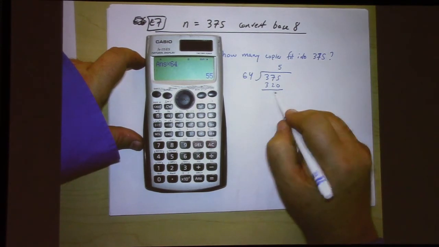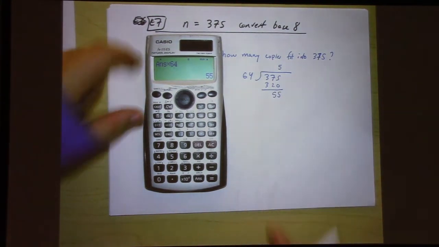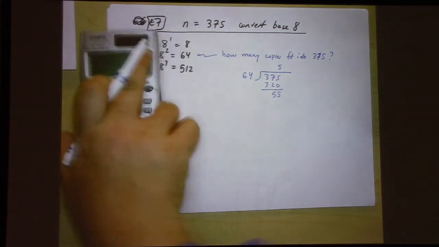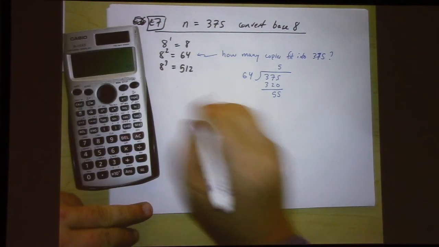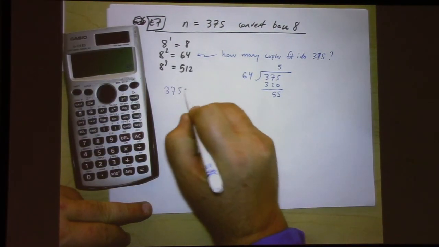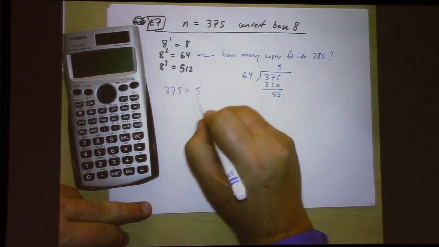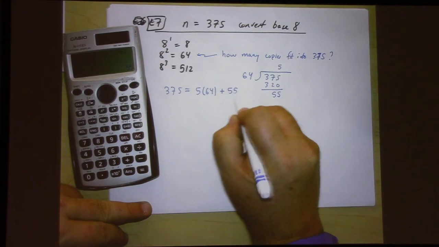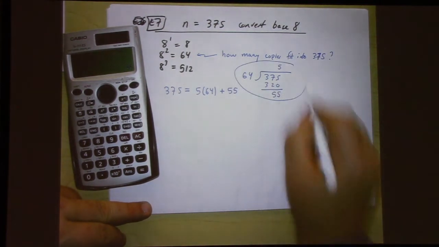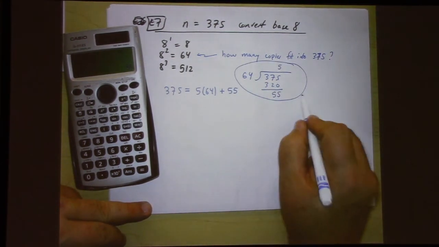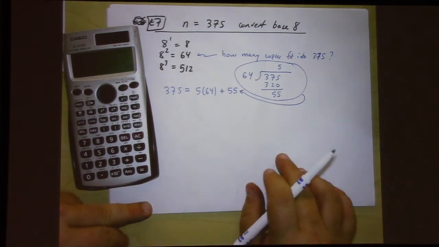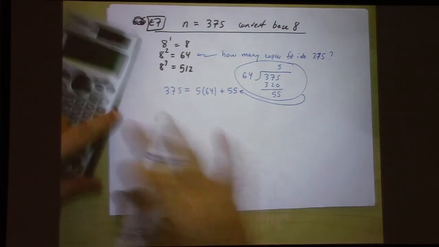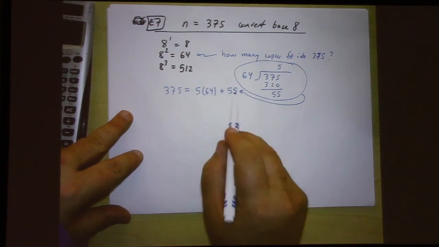So this gives me 55 as my remainder. So the point here is that 375 is equal to 5 times 64 plus 55. Okay, so this division tells me this equation over here, all right? And that's helpful because then I can work on this.